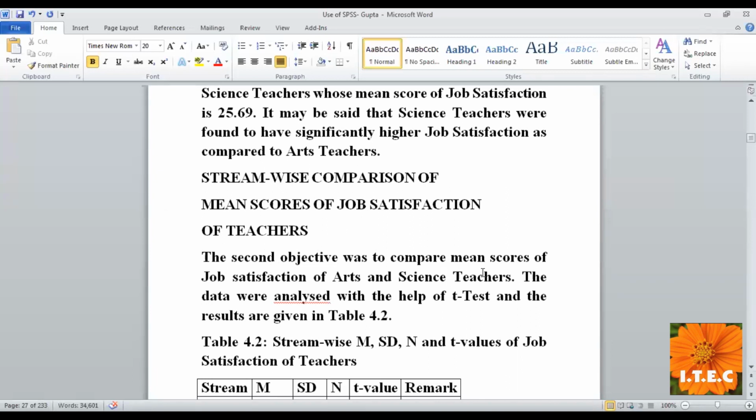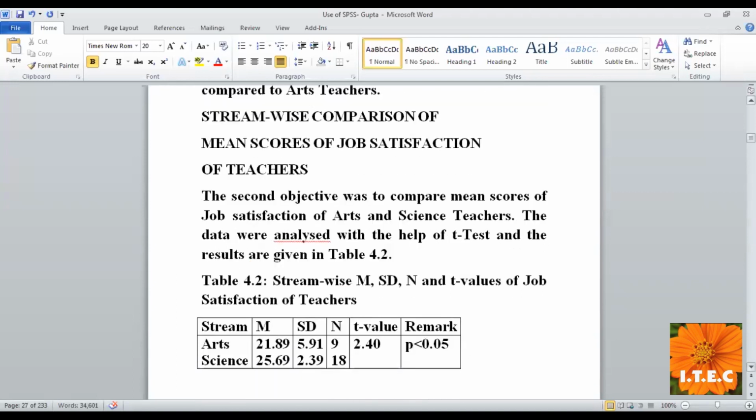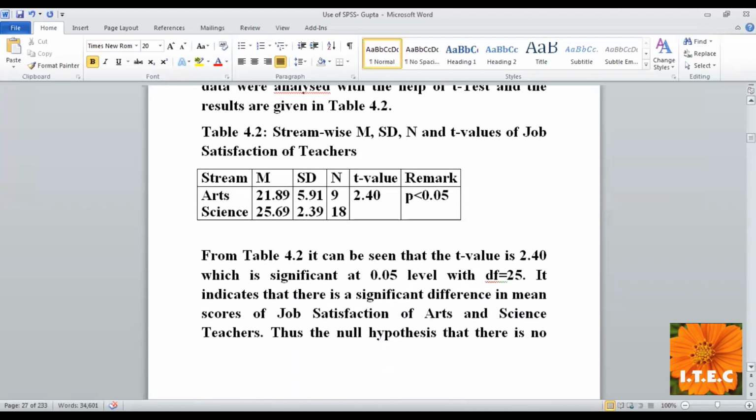The second objective was to compare the mean scores of job satisfaction of arts and science teachers. The data were analyzed with the help of t-test and the results are given in table 4.2. Exactly the same, no problem. The table heading will be the same. The first sentence: from table 4.2, it can be seen that the t-value is 2.40, which is significant at 0.05 level with df equal to 25. It is the same.